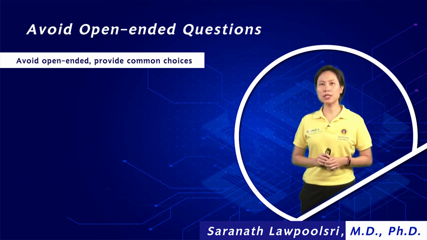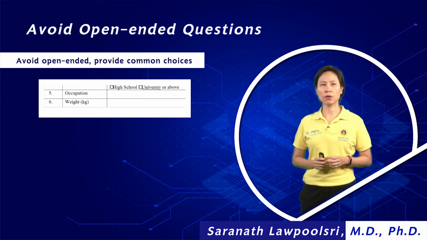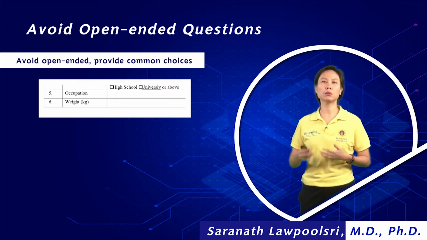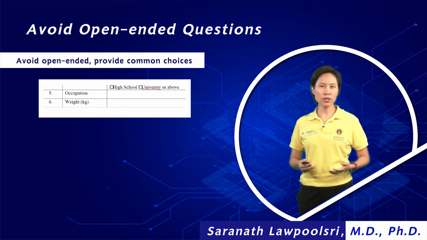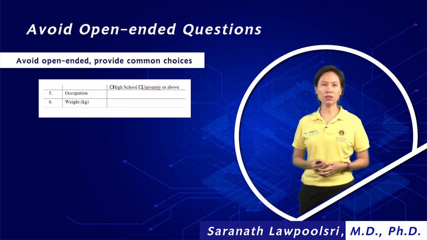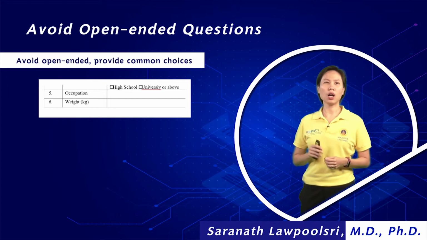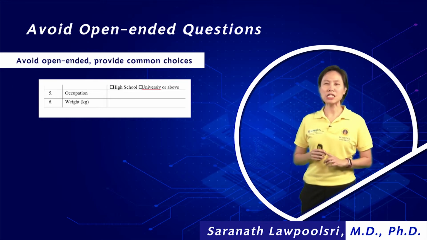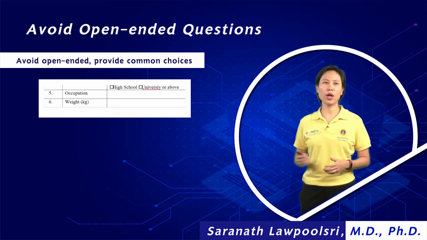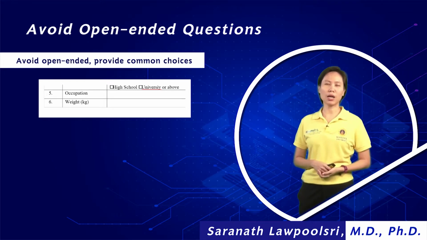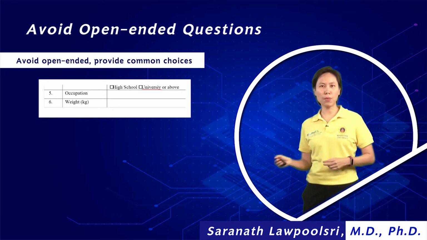Another issue is open-ended questions. Open-ended questions are something that you should avoid if you can provide choices or checkboxes that people can check, because with open-ended questions, people can write in many ways. For example, occupation, they can write labor, or sometimes they put labor with misspelling.